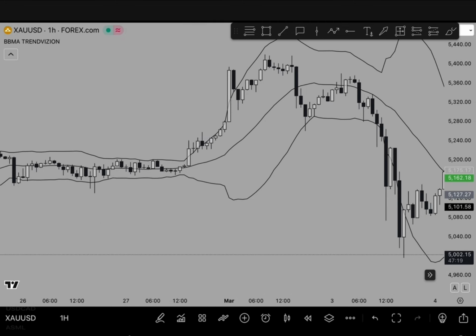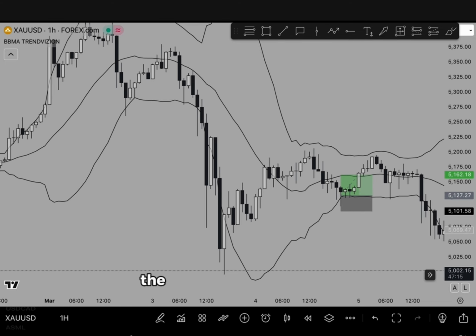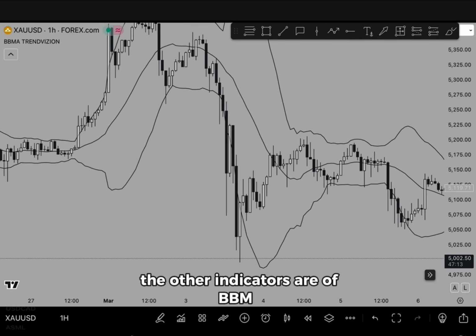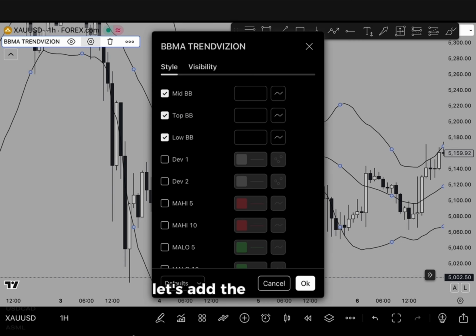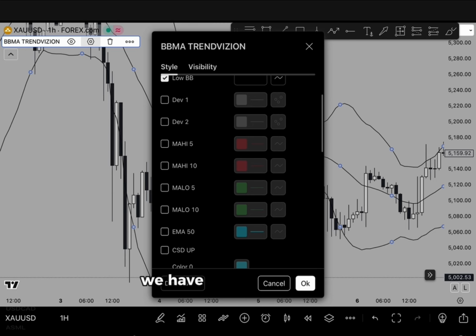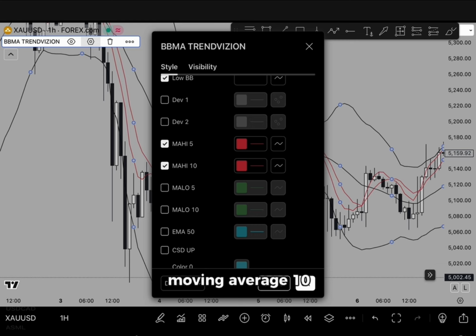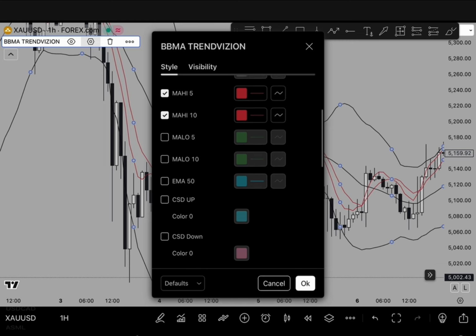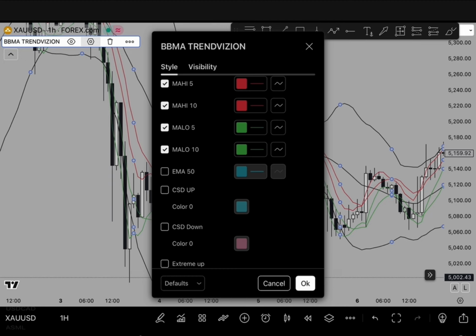First, let's see what the other indicators of BBMA are. Let's add the other ones. We have moving average 5 applied to high, moving average 10 applied to high, moving average 5 applied to low, and moving average 10 applied to low.